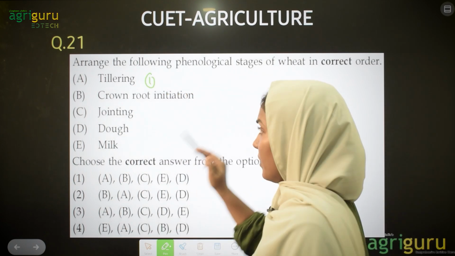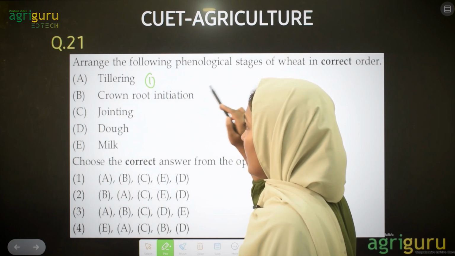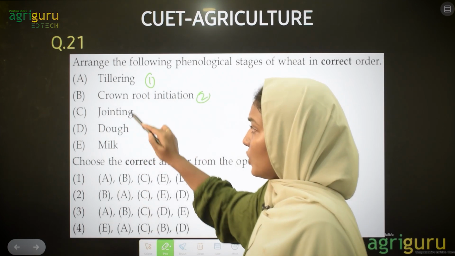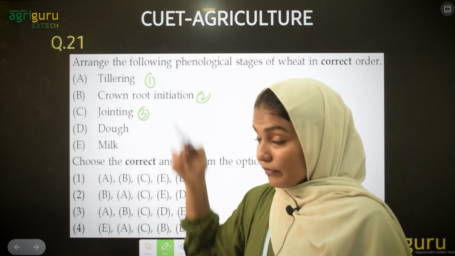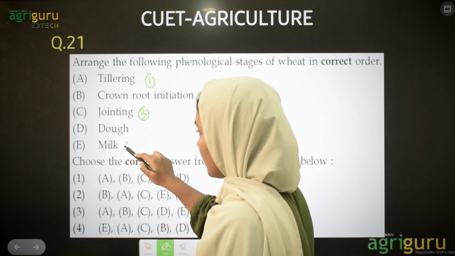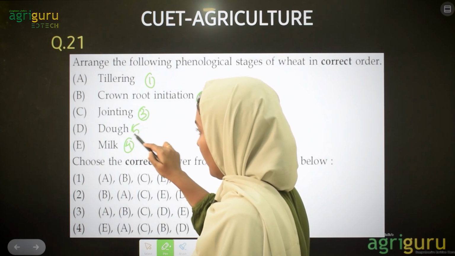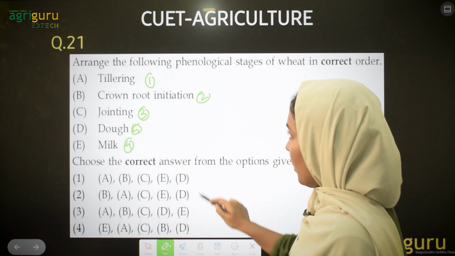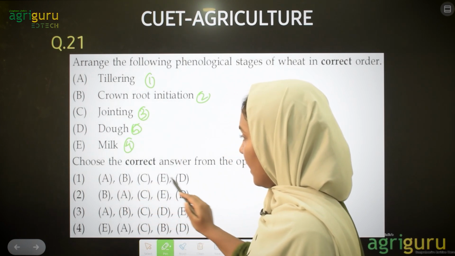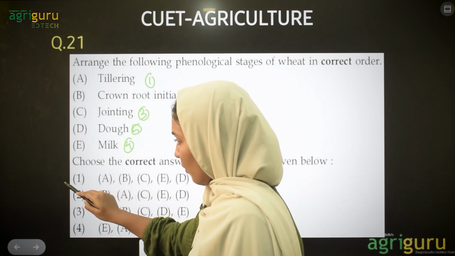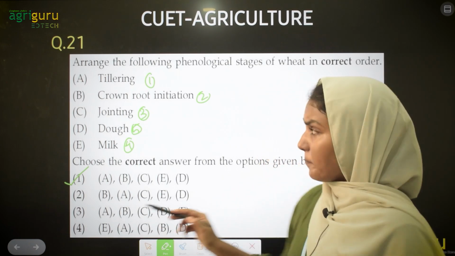Crown root initiation, yes, it comes after tillering. Then this is the second. Jointing, yes, that is the third one. Dough stage, no, it is after the milking stage. So this is the fourth one, and this is the fifth one. Which is the option corresponding to this? 1, 2, 3, 5, 4. That is A, B, C, E, D. And option 1 is the right answer.